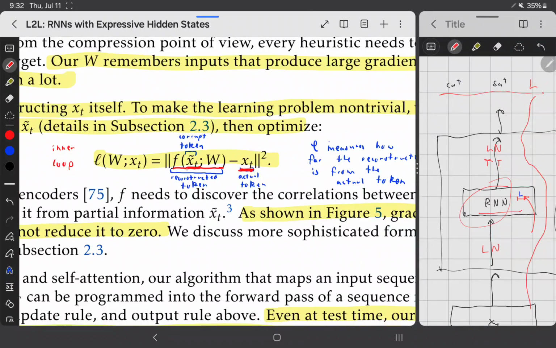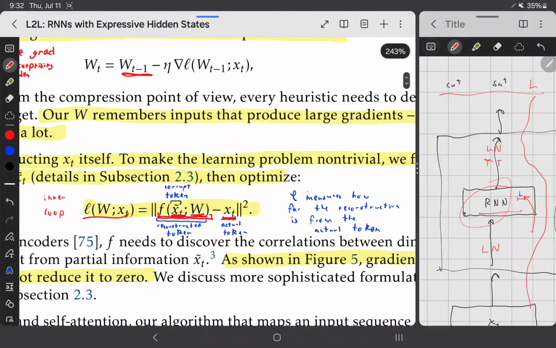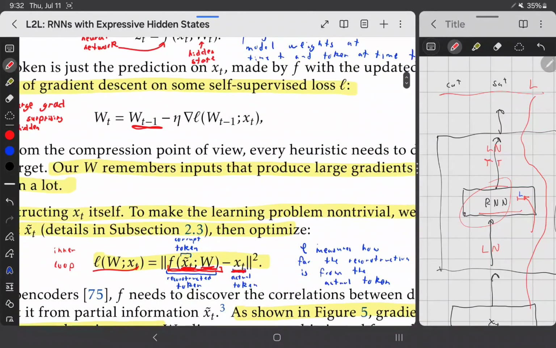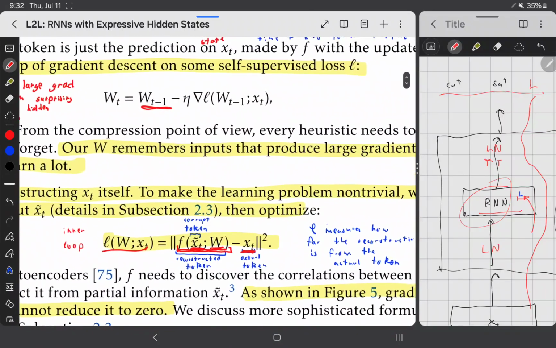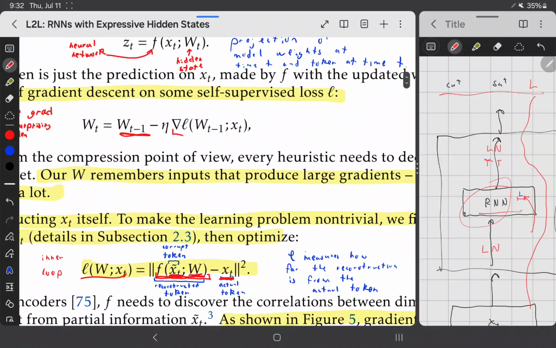This is our input token, this is the corrupted input token, and this here is the reconstructed input token using some function f, which is going to be a learnable neural network, and our past hidden state. And this is our loss. So we give it a token, we get the loss from the token, and we use that loss to update our hidden state here. And this is just the gradient, a normal gradient descent step, except it's with respect to the hidden state.